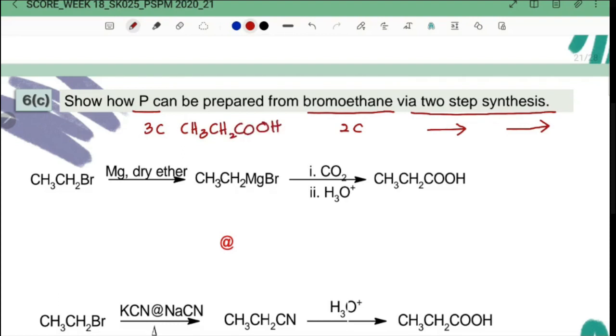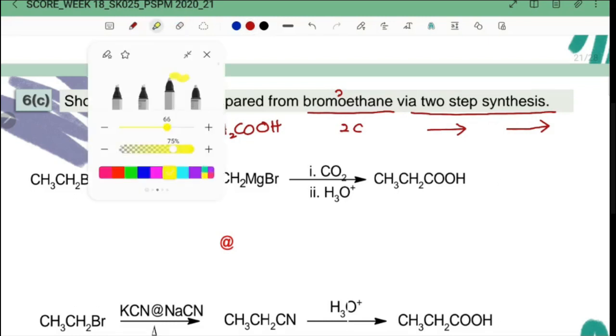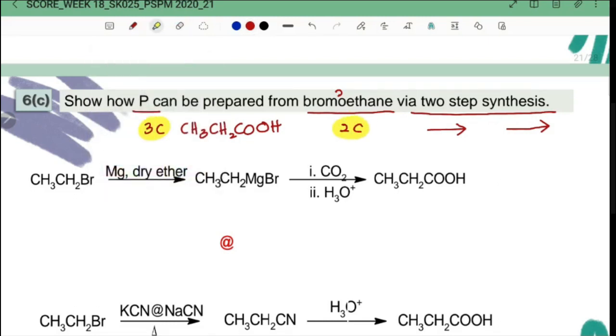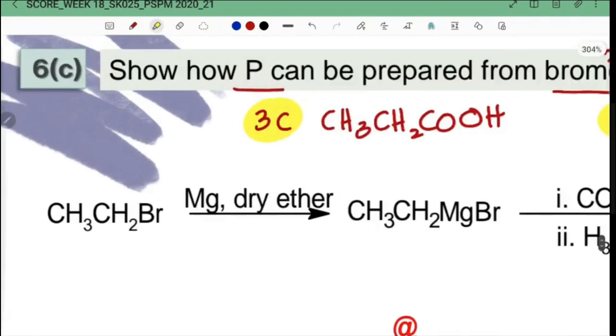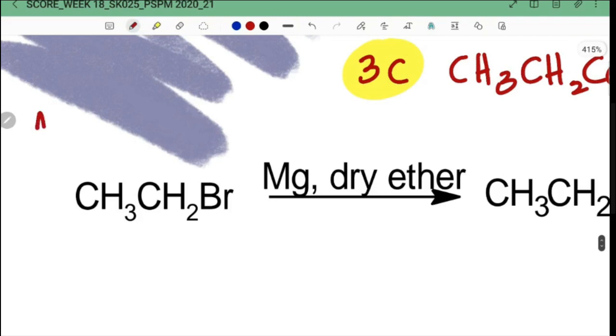So kalau kita tengok, we have the additional number of carbon. Okay, from 2 carbon to 3 carbon. Okay, via Grignard reagent. So ada dua lah. So first method adalah via Grignard reagent.